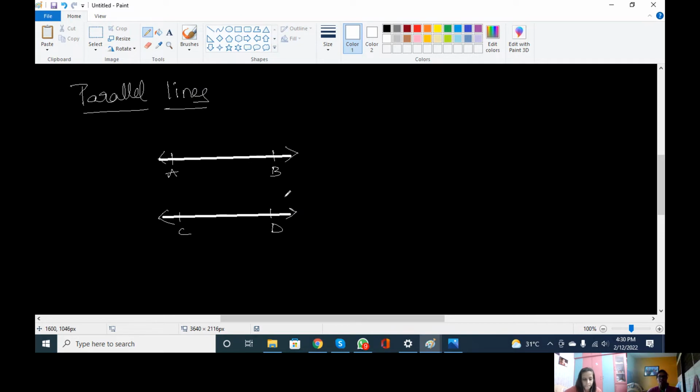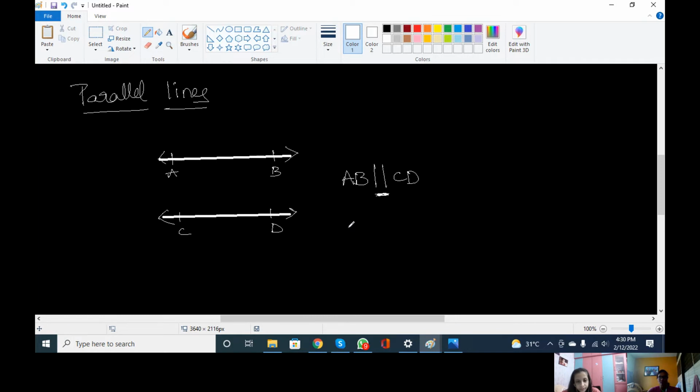So these two lines are said to be parallel lines. Okay, so we will write these two lines as AB is parallel to CD. This is called the parallel symbol. This is the short way of representing parallel lines. This is read as AB parallel to CD.